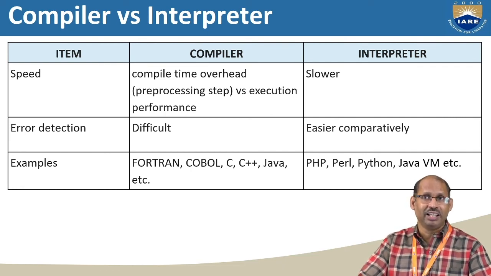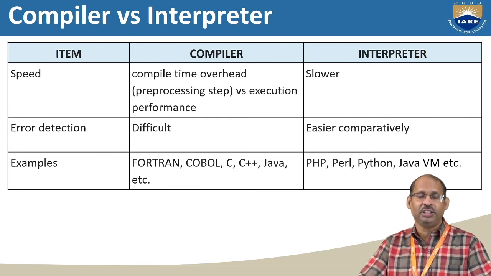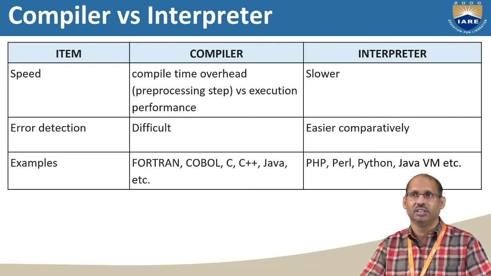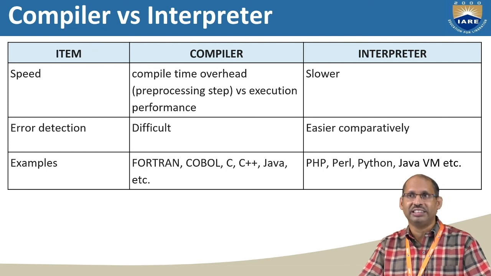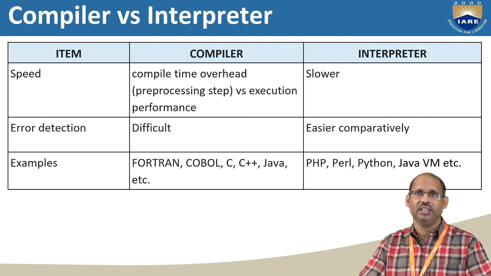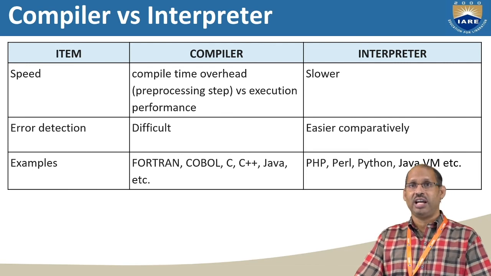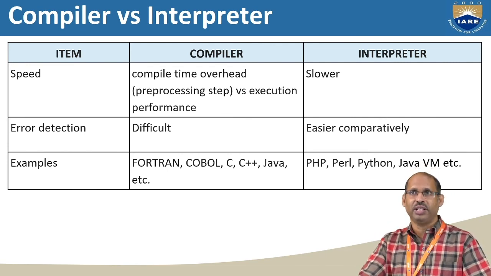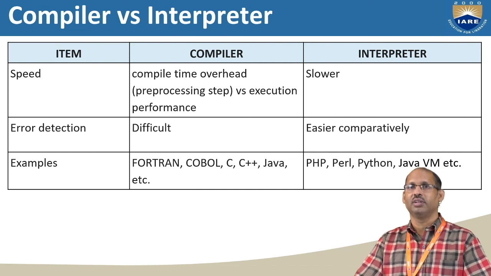A single typing mistake may result in 20 errors or 30 errors or 100 errors. Right? Here in the interpreter, line by line, we analyze and execute. So if any error occurs in that particular line, immediately we can know and rectify it and go to the next line's execution. Right? So that is error detection in compilers and interpreters.